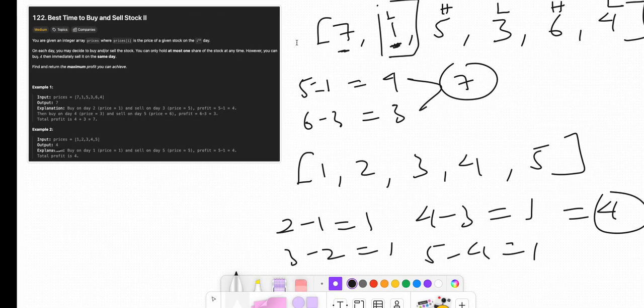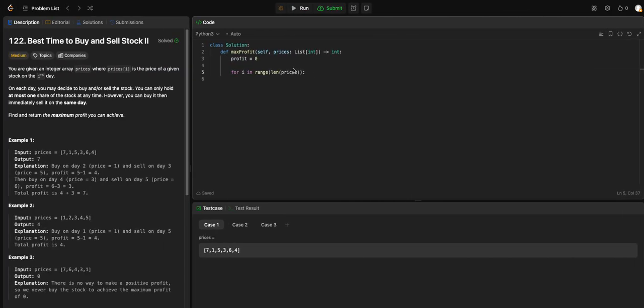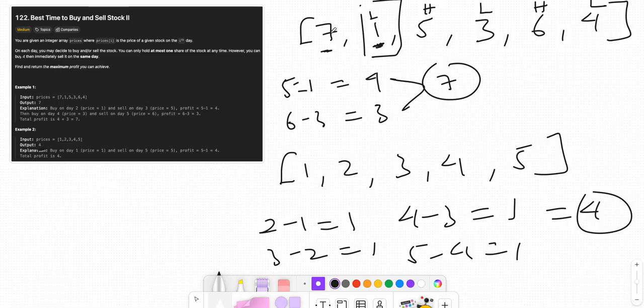Before I start my algorithm, I start from index 1, so range from index 1 to the length, so that we can compare with the previous day.